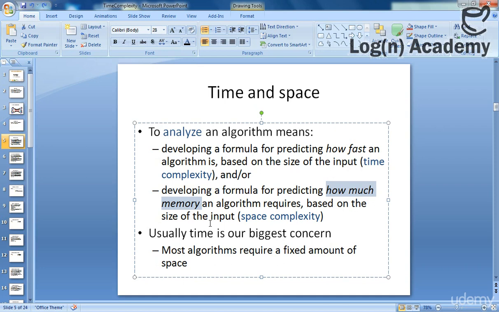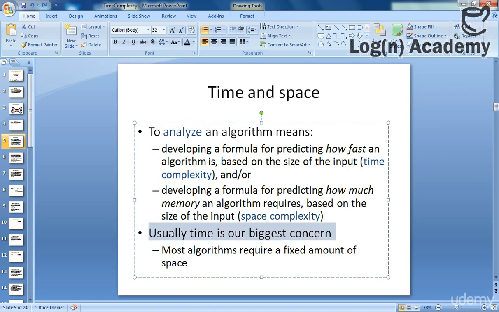So the businesses cannot compromise on time. They can buy the most perfect systems. They do not care about the space, but time is something they cannot compromise on, right? Space complexity is not that important nowadays, because it is purchasable, within affordable limits. But for time, no one can compromise.